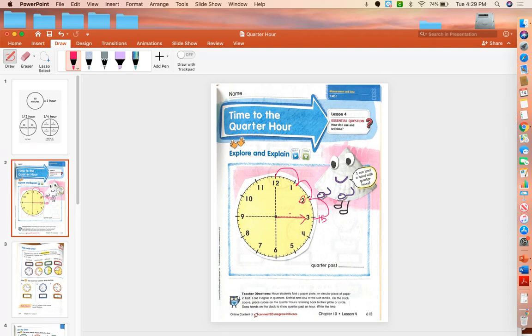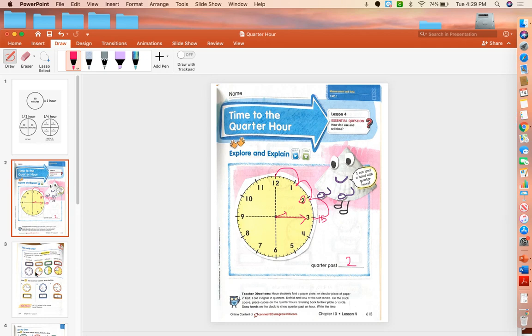Now remember, the only time the hour hand is pointing directly at the 2 is when it's o'clock. So the hour hand has to be just a little bit after the 2. It would be right about here. When you're drawing the hour hand, make sure it's a little bit past the 2. So down here, we're going to write quarter past 2.